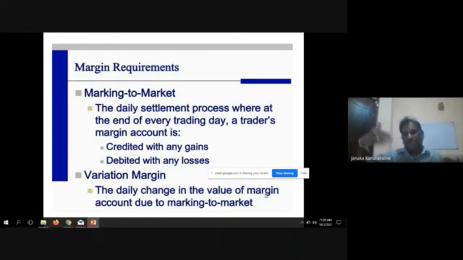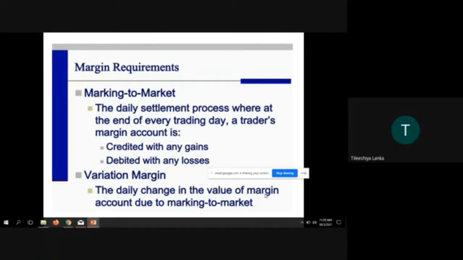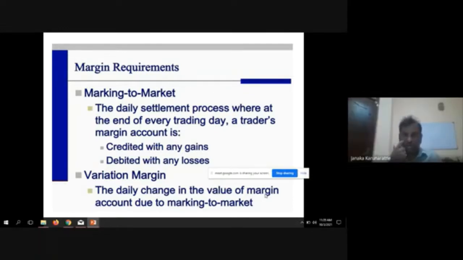So whenever your futures price goes up and you end up with a gain, that gain will be credited to your account. And if there is a loss, it will be debited to your account so that your value will come down. This is where you need to deposit cash whenever your margin value goes down.